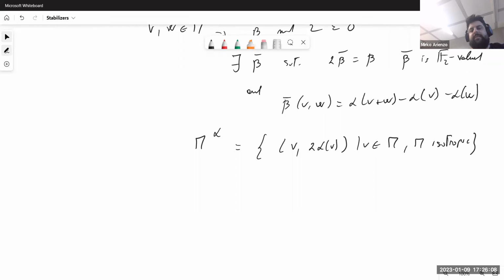And this is a subgroup of the Heisenberg group. And actually, now this is again an abelian subgroup.